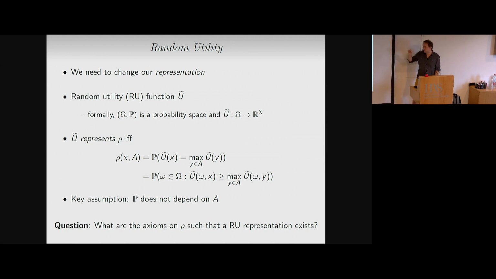For some of them, x will be chosen. From some of them, y will be chosen, and so on. And the empirical frequency of x being chosen from A matches the theoretical probability that the agent draws a utility function such that x maximizes that utility function over A. Omega is the probability space on which the randomness lives.